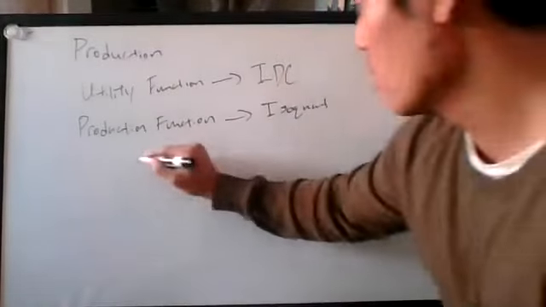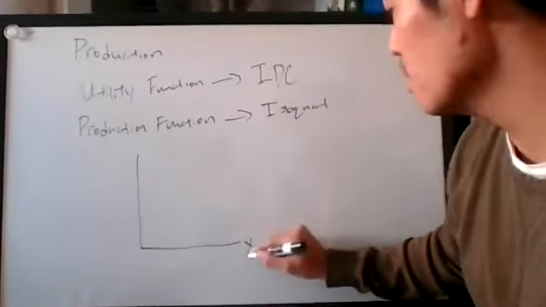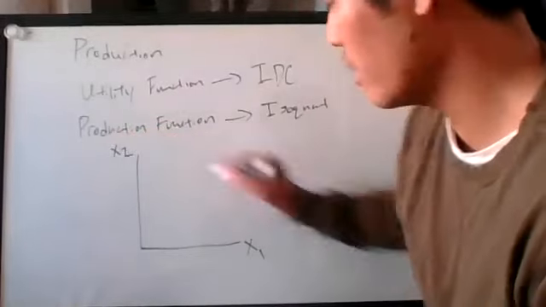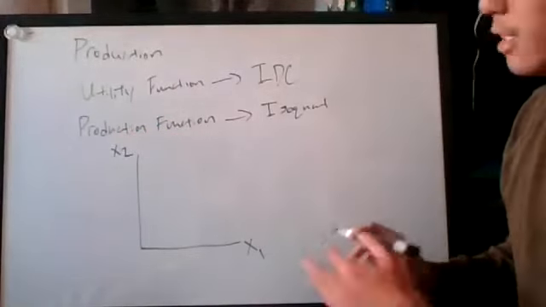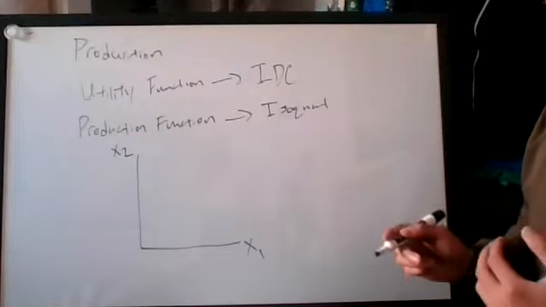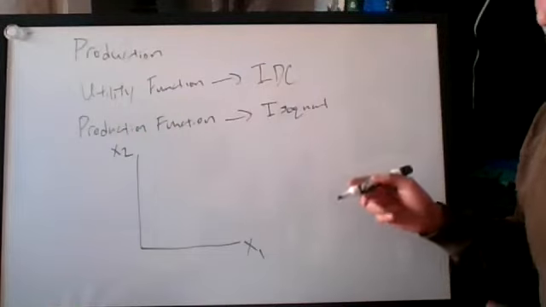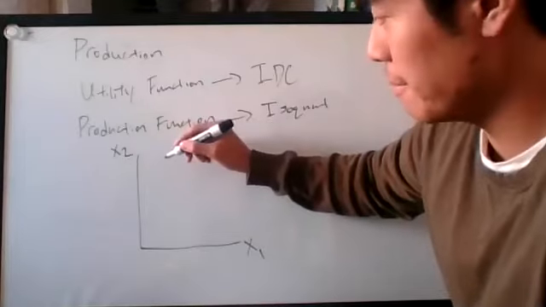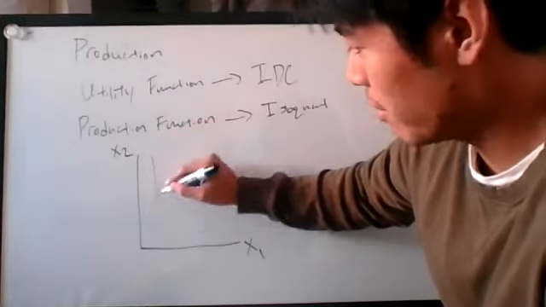And so we're still going to have our x1 and our x2 axis, good 1 and good 2, or I guess in this case it's input 1 and input 2, right? And in that same exact way that the indifference curve worked, this would be like a min function.